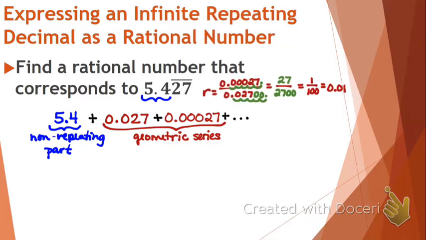You guys want to know a trick on the repeating decimals? If you have 2 digits that are repeating, in this case it's 27, 27, 27, 27, our R value is 1 over 100. What do you think it would be if I have 3 repeating digits? 1 over 1,000. What about if it was just 1 repeating digit? 1 over 10.